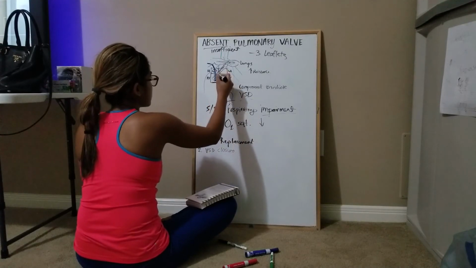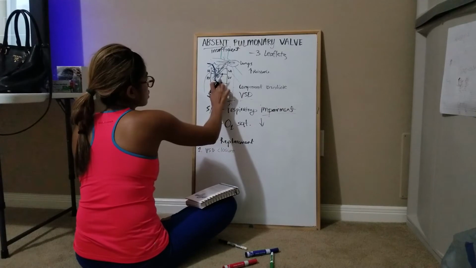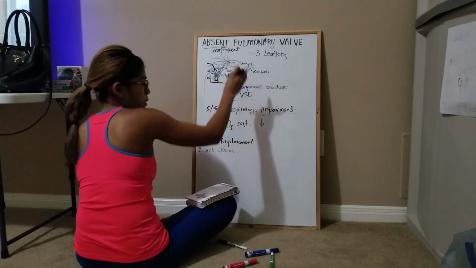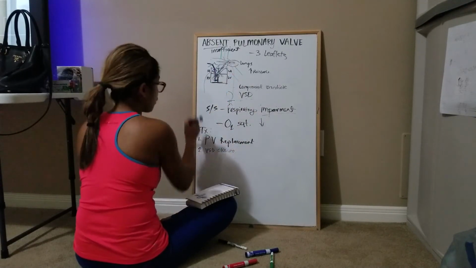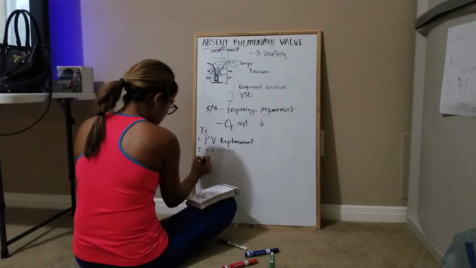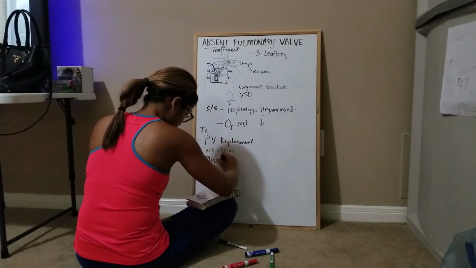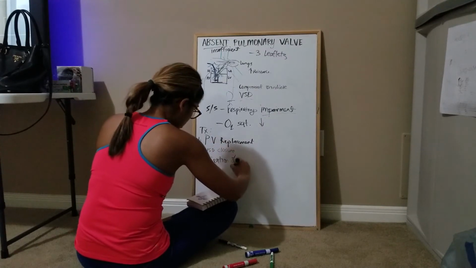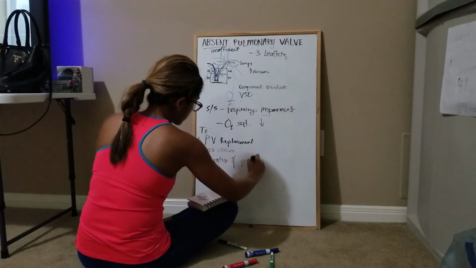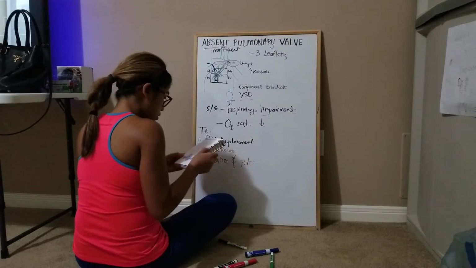They close the VSD. When we close that, we won't have shunting, so no deoxygenated blood is going to pump to the systemic circulation from the right ventricle. We also have plication of pulmonary arteries. What is plication? Plication of pulmonary arteries.